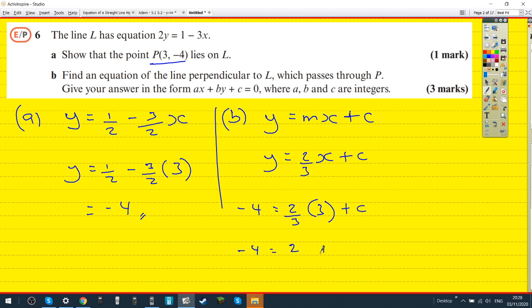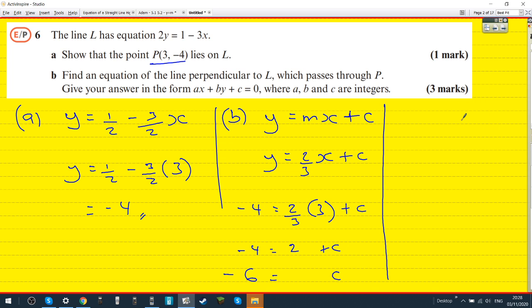And then you just add minus 2 on both sides, which gives you minus 6 equals c. So it'd be y equals 2 over 3x minus 6. Yep. But they want them as integers.